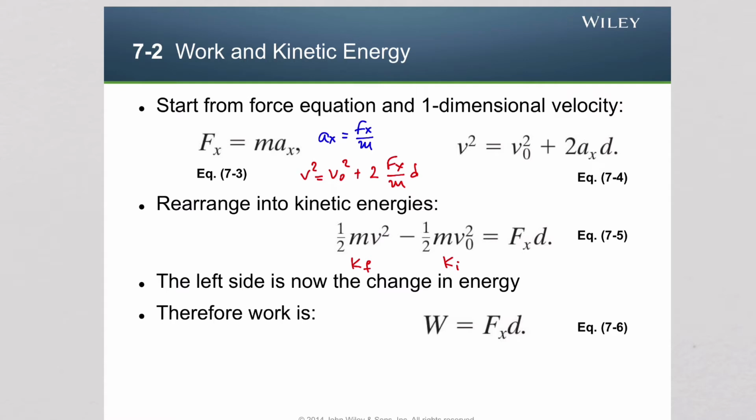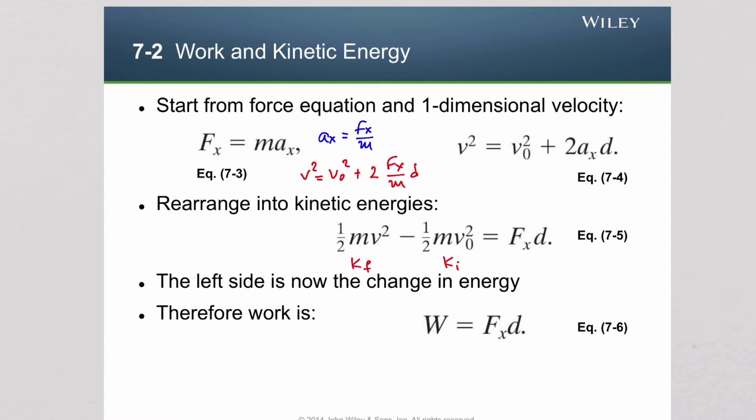And so we know that when the kinetic energy changes for an object, work must have been done by some force. So that means that the right-hand side here must be the work done by that force Fx. So the work done W is equal to the product of the force Fx times the displacement d.